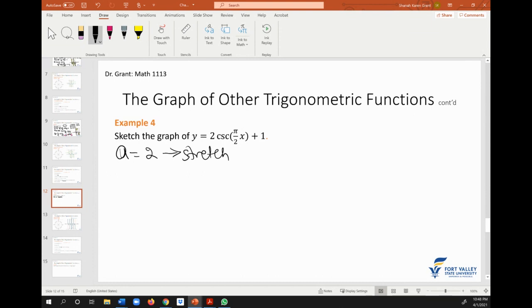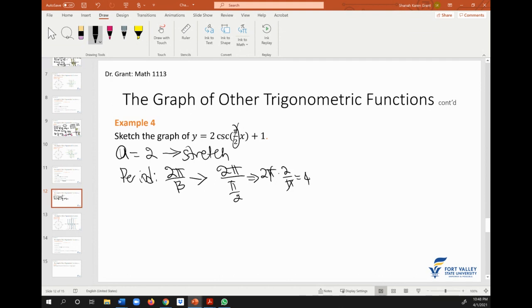We can also identify our period. Here the period is going to be 2 pi over b. In this case, that's going to be 2 pi, this is my b, over pi over 2, which becomes 4.